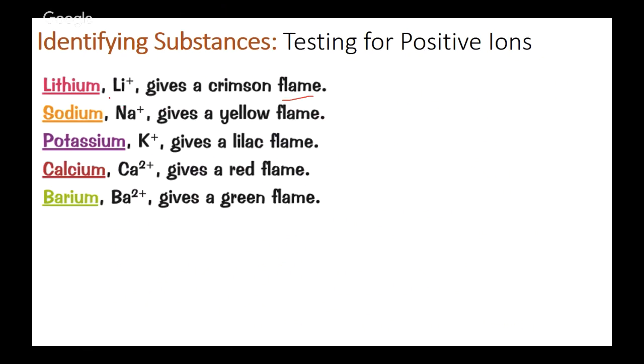One way to remember it is lithium is crimson. So I'll do a little rhyme for you, which I'll try and write with my pen. Okay, that's not going to work. I'll just read it out for you.